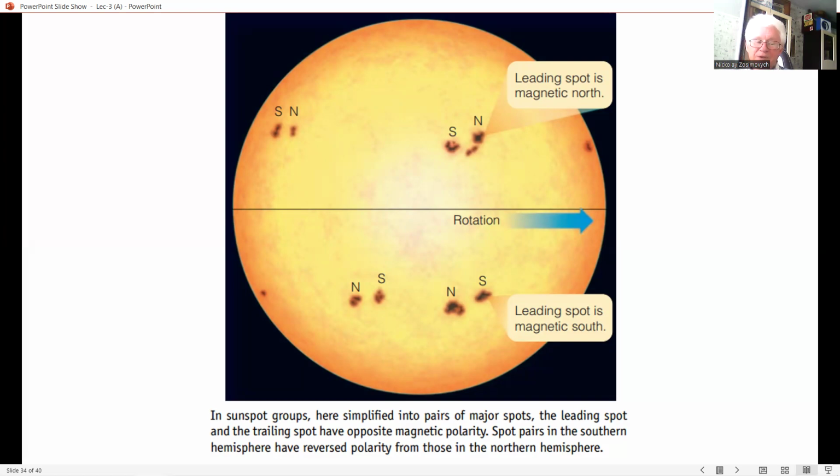At any one time, sunspot pairs south of the sun's equator have a reverse polarity compared with those north of the sun's equator.